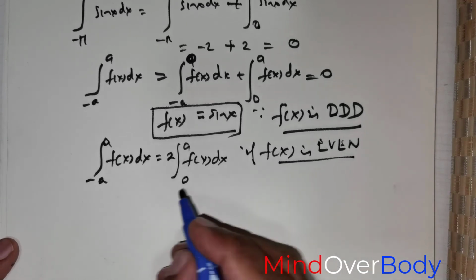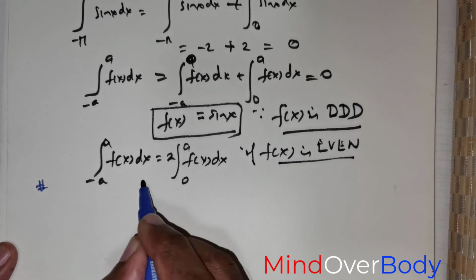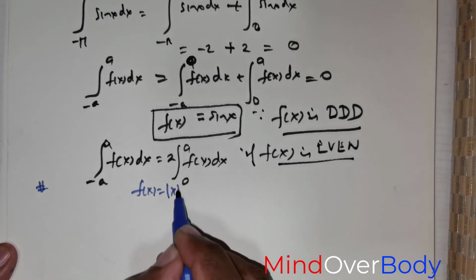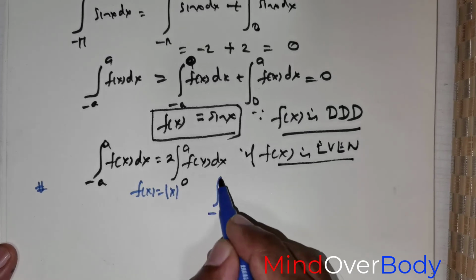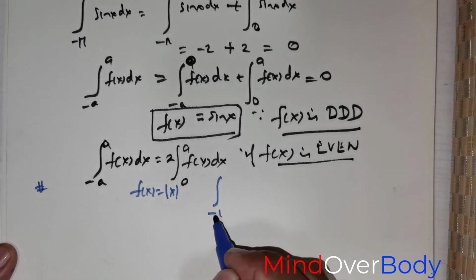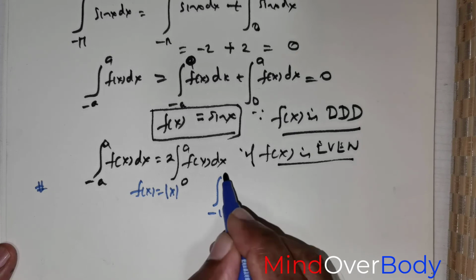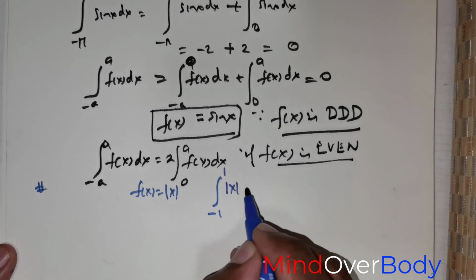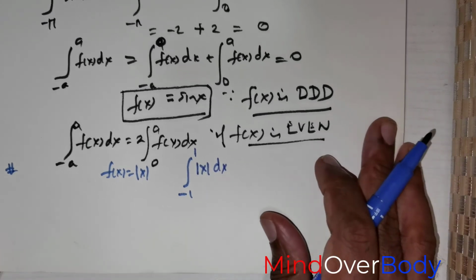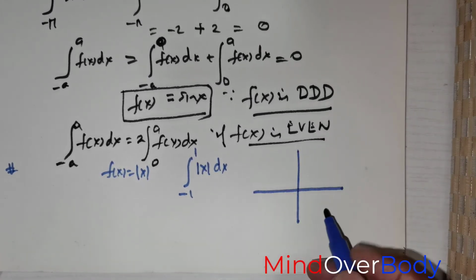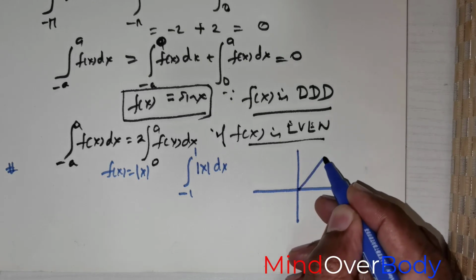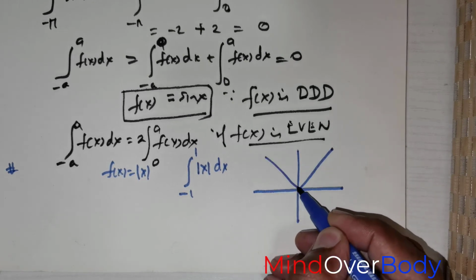Now I wish to consider this example. I'm going to take f of x to be equal to modulus of x, and I would like to know what happens if I were to integrate this function with the limits being from negative 1 to 1. Now foremost, if we were to draw the graph for this modulus function, the graph would look something like this.